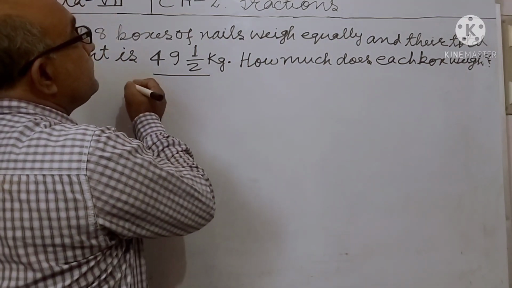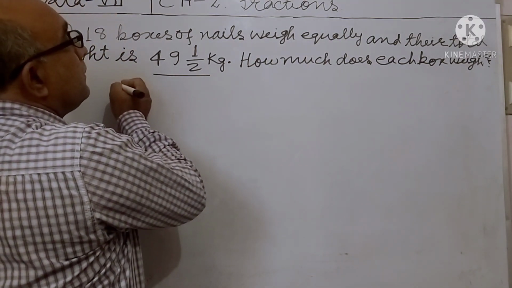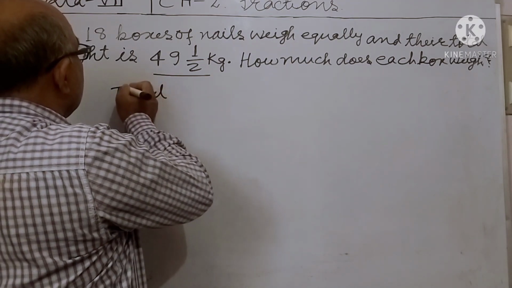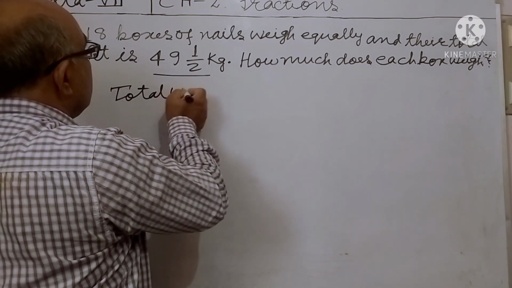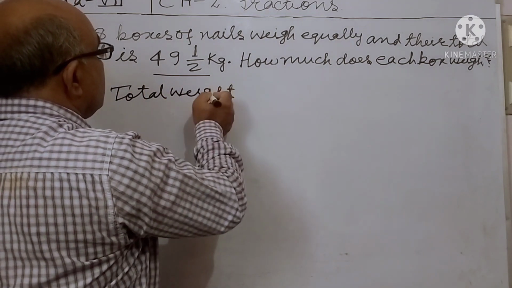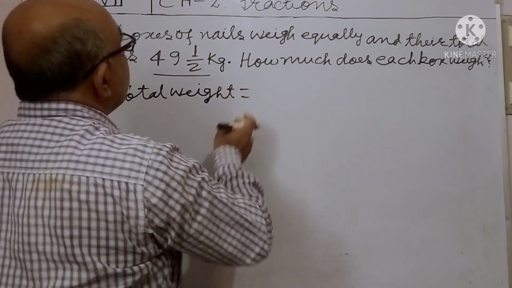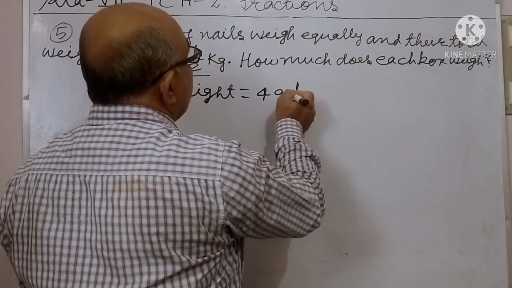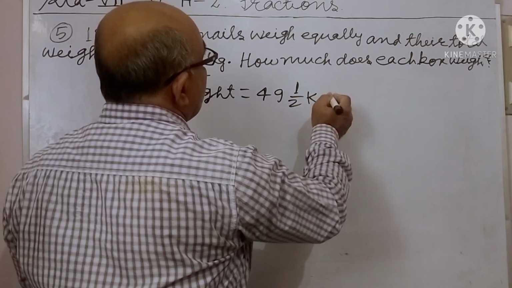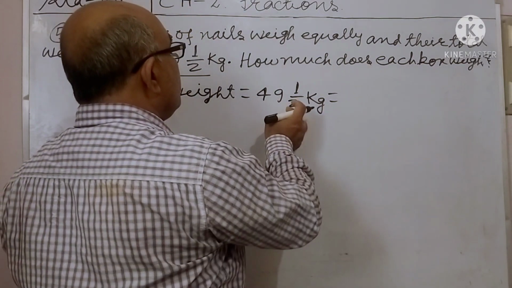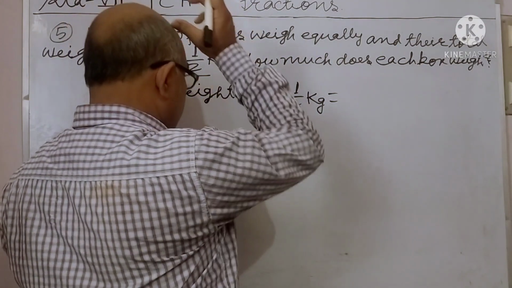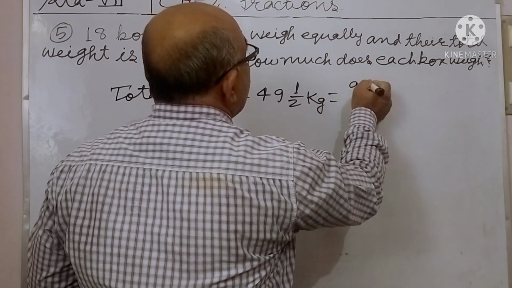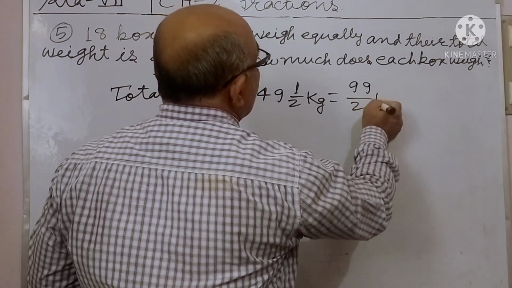Total weight equal to 49 whole 1 by 2 kg, equal to 49 times 2 is 98, plus 1 is 99 by 2 kg.